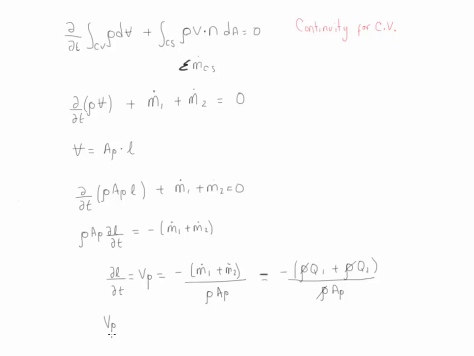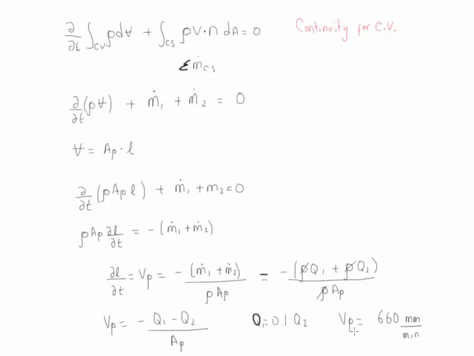Therefore, the velocity of the plunger is going to be negative Q1 plus Q2 divided by the area of the plunger. Knowing that the value of Q1, which is the leak value, is equal to 0.1 Q2, and substituting into this equation, we find that the velocity of the plunger is equal to 660 millimeters per minute.